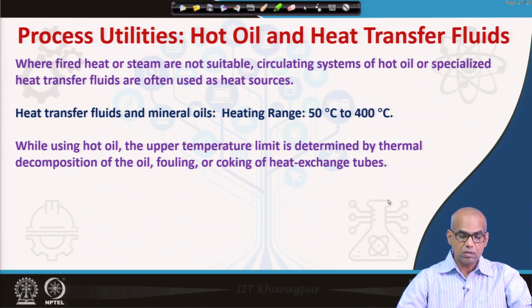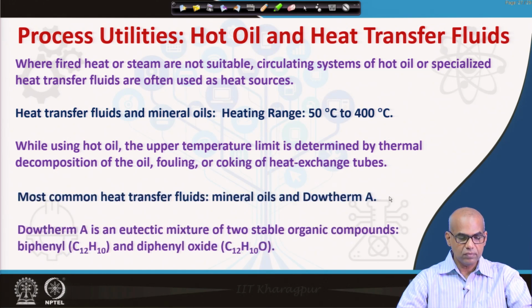You cannot use a hot oil above the temperature at which it will decompose. Most common heat transfer fluids are mineral oils and Dowtherm A. Dowtherm A is a eutectic mixture of two stable organic compounds, biphenyl and diphenyl oxide. It is a trademark of Dow company.